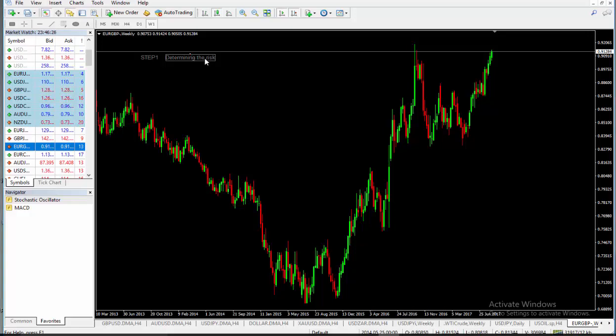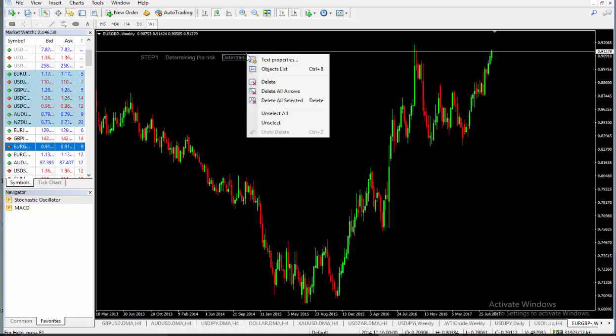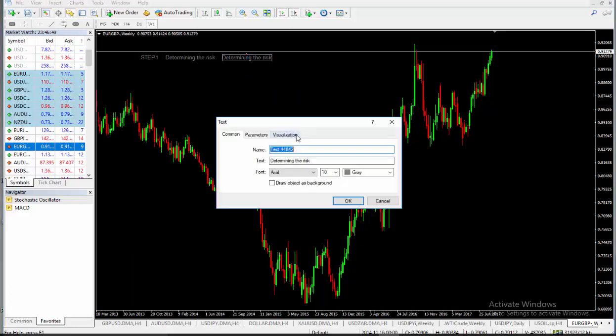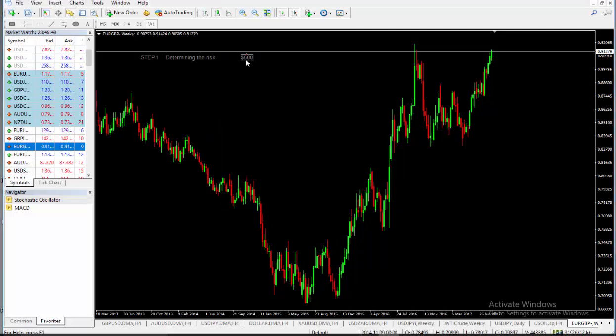Now, step 1 is determining the risk. We've already determined how much our balance is. We have $500 and we are willing to risk 2%. That is our balance.